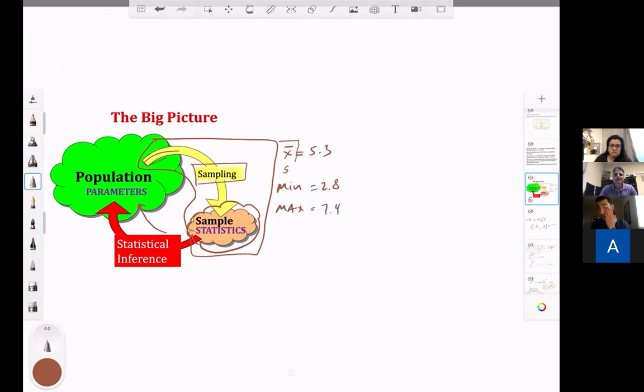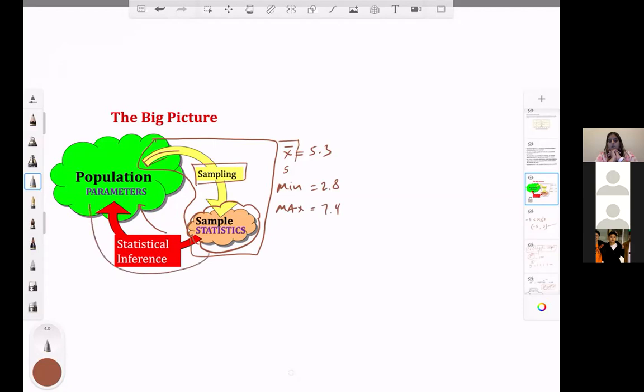But now we are learning a different type of statistics, inferential statistics, to get some idea about the population. For example, the sample average height is 5.3. If you come up with the conclusion that the average height of the population is 5.4, definitely this is not exact.